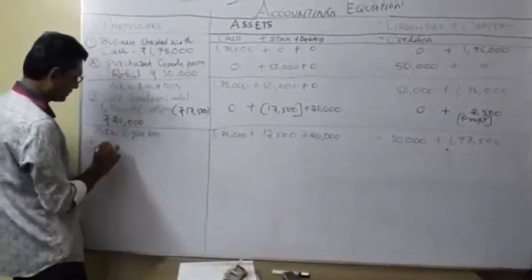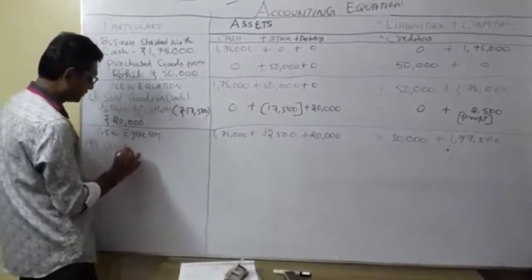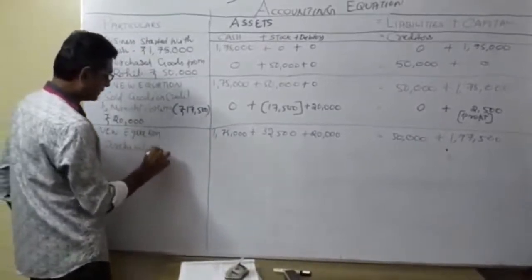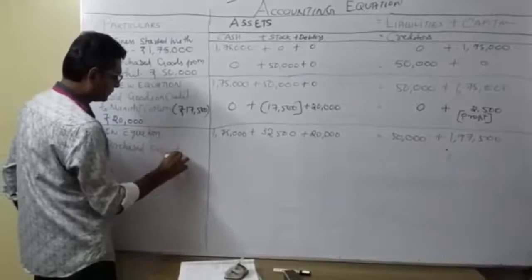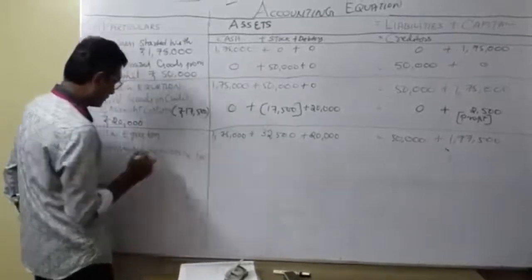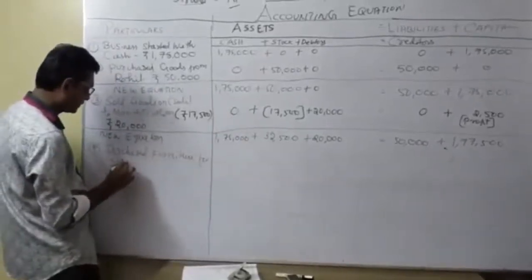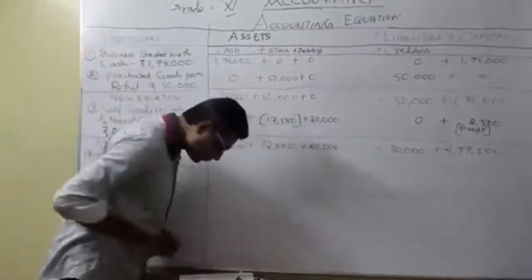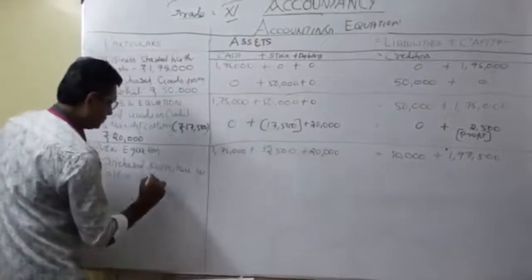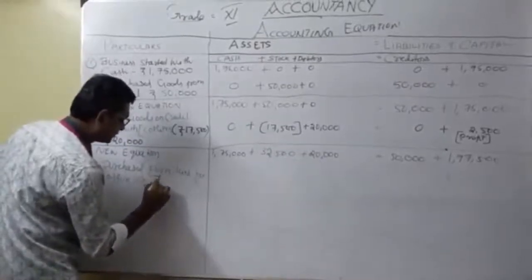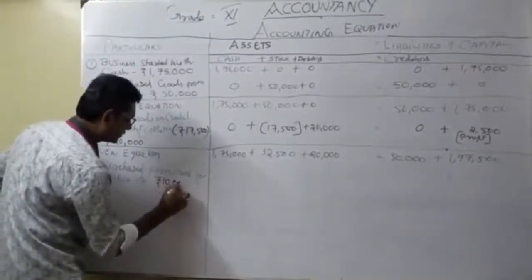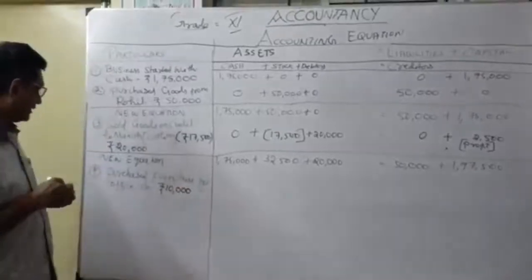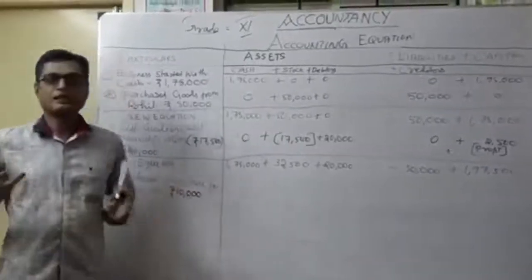See, purchase furniture for office use. Okay. So how much? 10,000. So here you purchase furniture for office use, 10,000.